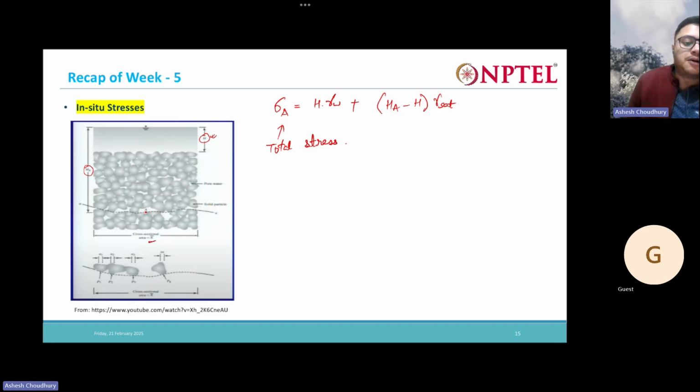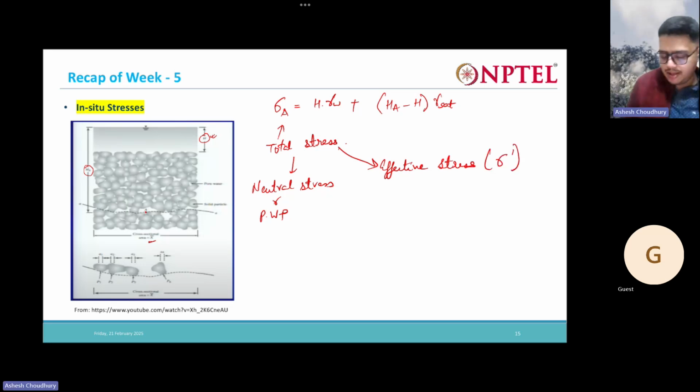Now, the total stress comprises two parts. One is my neutral stress, or it's called the pore water pressure. The other is my effective stress. Now, what is the neutral stress or pore water pressure? If the soil is completely saturated by water, we have water in the pores, in the spaces between the soil grains.